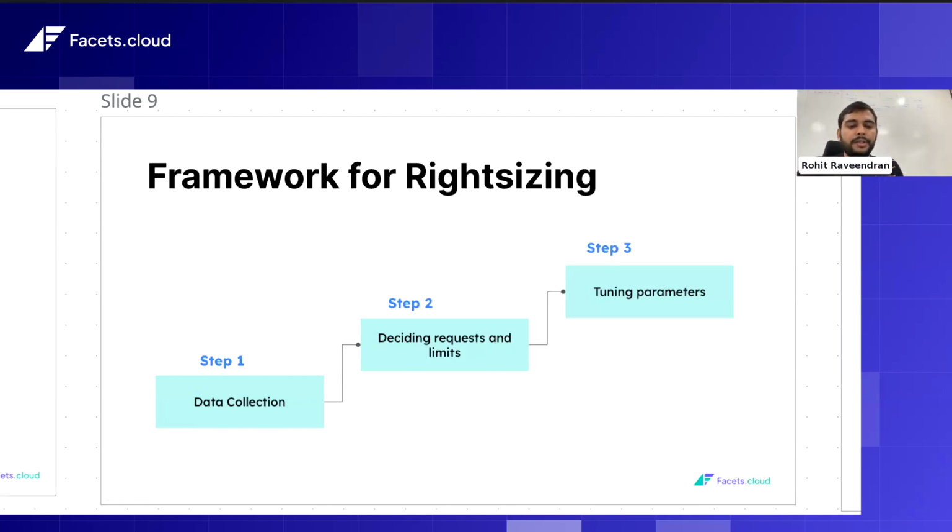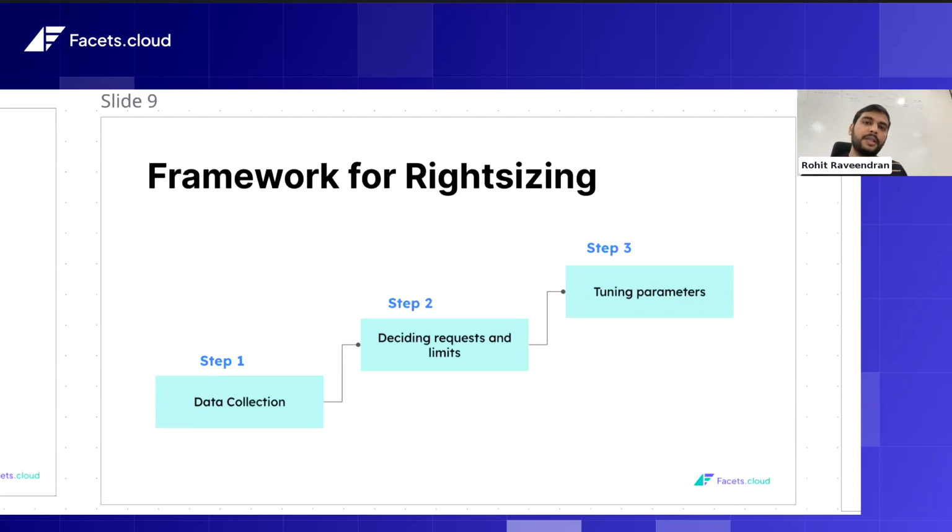So coming to the framework itself. The first step is data collection, right? There are some checks and balances that you need to follow before you go ahead analyzing the data, because you have to make sure that you have collected the data in the right way. The next step is coming up with a suggested request and suggested limits. And then, the framework is not hard and fast.